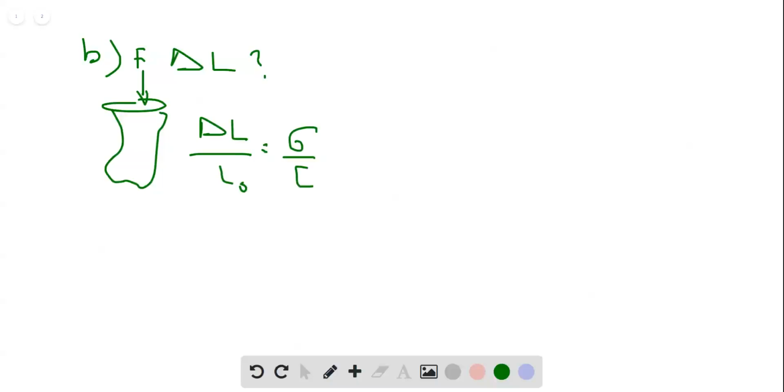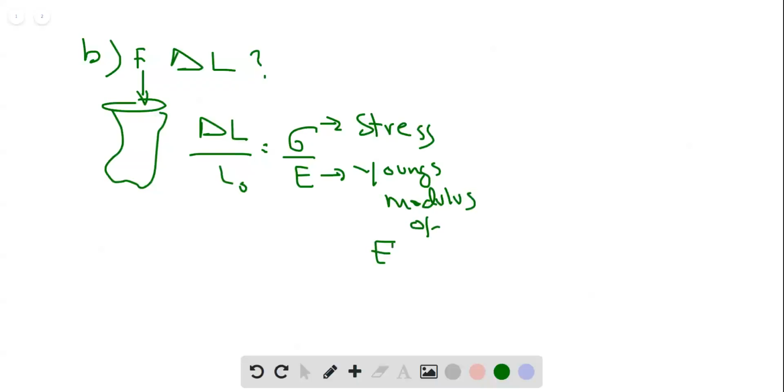So sigma equals E times strain, where sigma is the stress and E is the Young's modulus of elasticity. The value of that is given as 15 times 10 to the 9 newtons per meter squared.